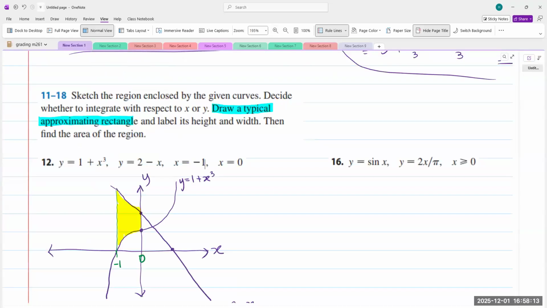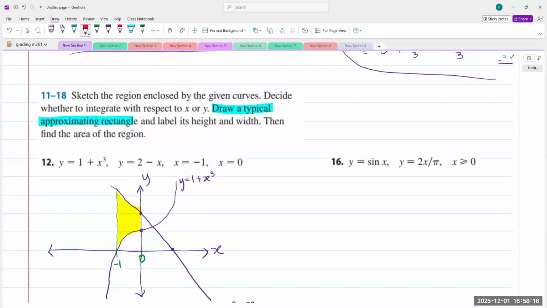What they meant by that is, suppose you draw an approximating rectangle. Let's say this is the rectangle here. The width of this rectangle will be our dx. The height will be the height from y equals 2 minus x to y equals 1 plus x cubed.